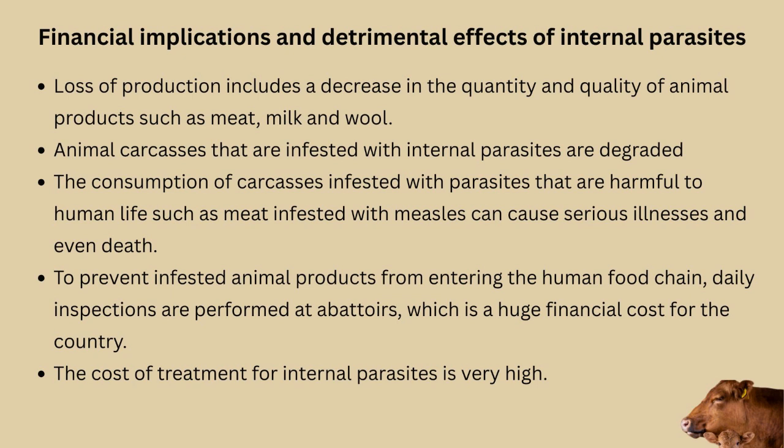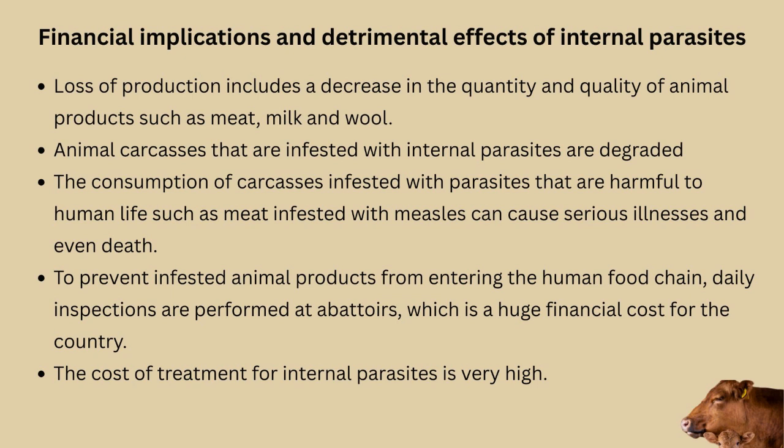Loss of production includes a decrease in the quantity and quality of animal products such as meat, milk and wool. Animal carcasses that are infested with internal parasites are degraded. The consumption of carcasses infested with parasites that are harmful to human life, such as meat infested with measles, can cause serious illnesses and even death.